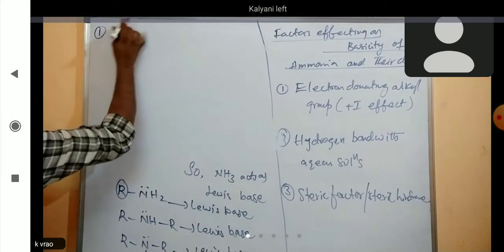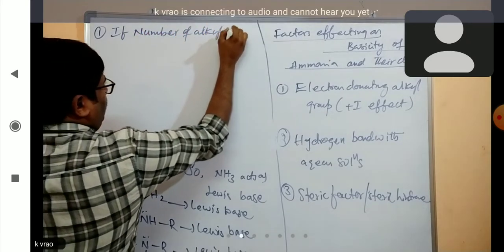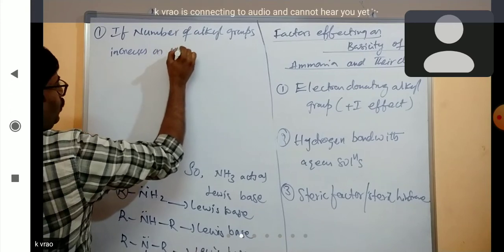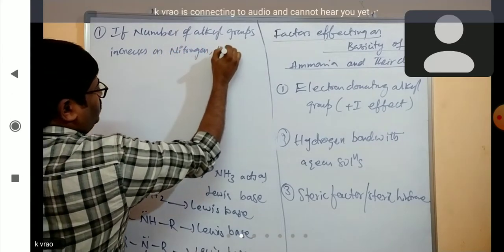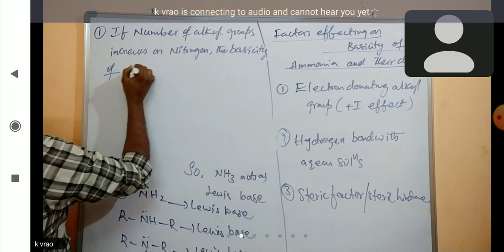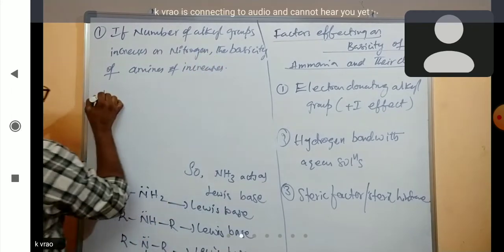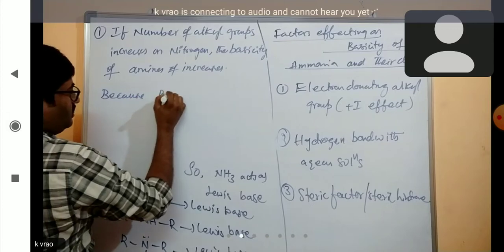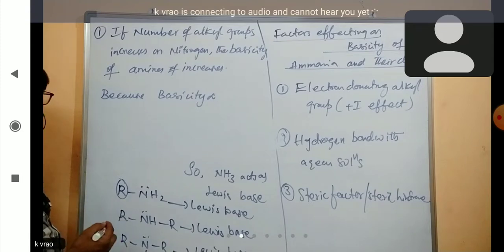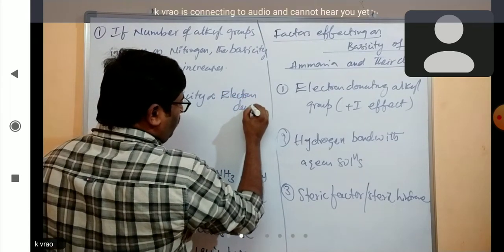If the number of alkyl groups on nitrogen increases, the basicity of amines increases, because basicity is directly proportional to the electron density.